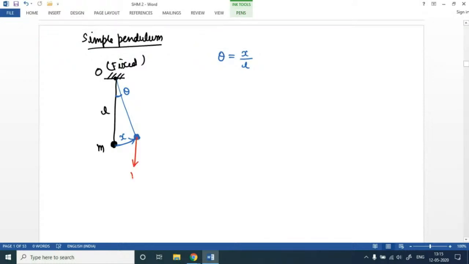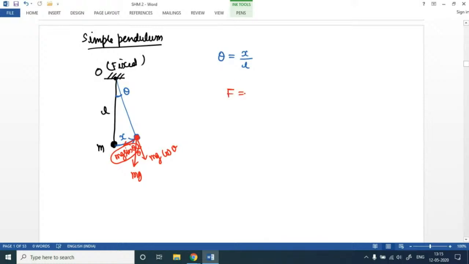So Mg here is acting in this direction, so two components of Mg you can realize. Okay, so this is, let's say, theta, so that would be mg cos theta, and that would be mg sin theta. So you can understand, this would be the restoring component of the force over here, because this force mg sin theta is trying to bring this bob back to its stable equilibrium position.